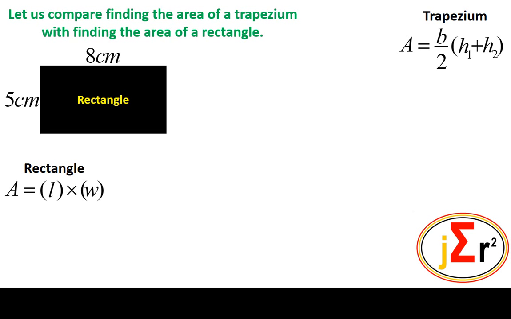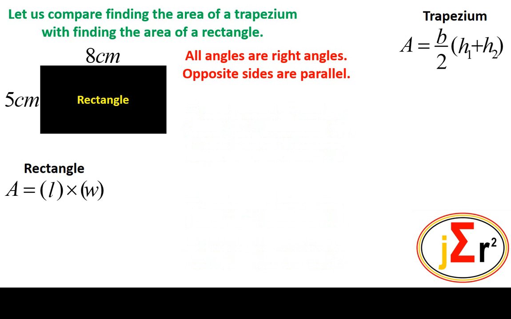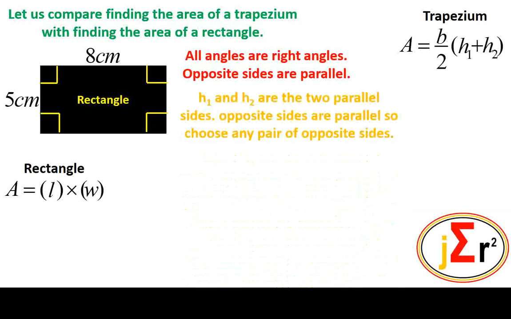So we will treat the rectangle as if it is a trapezium, find its area, and then find the area of the rectangle just as it is, and the areas should be the same. All angles of the rectangle are right angles, and opposite sides are parallel. We know that. Those are facts.